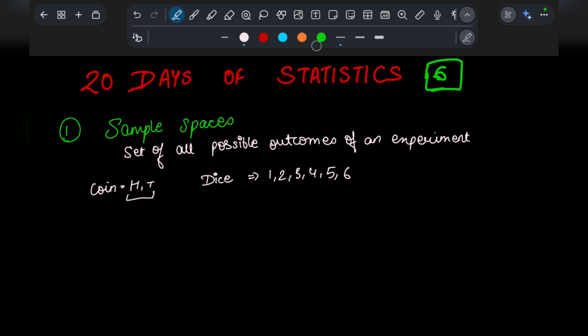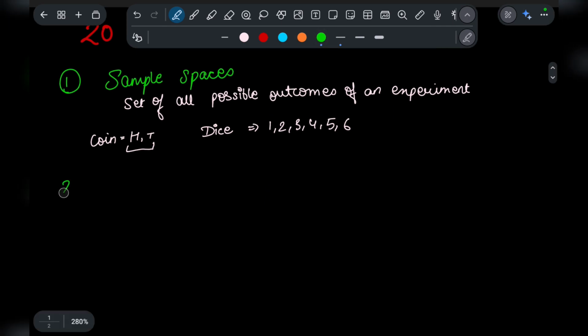Let's talk about our second topic, events. What are events basically? Events are basically a subset of the sample space.